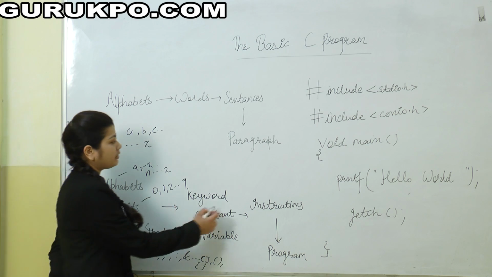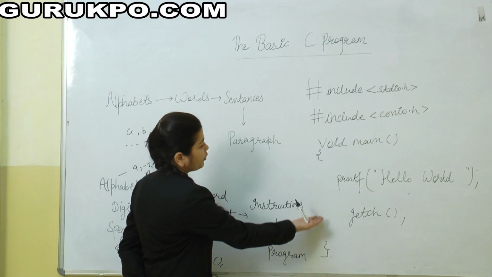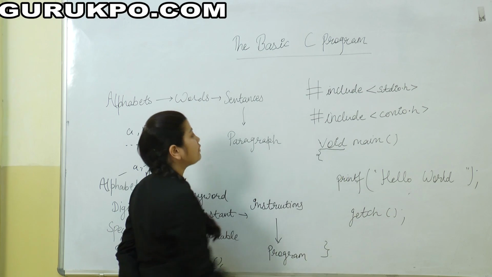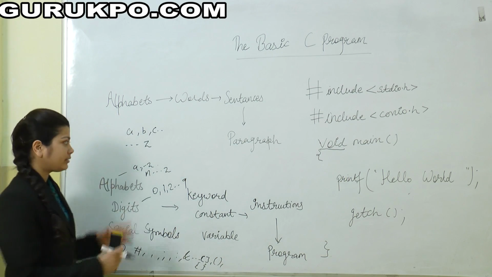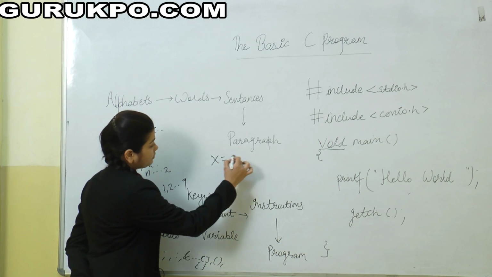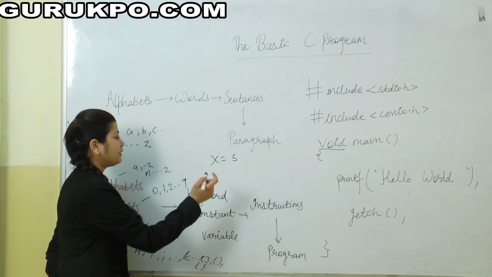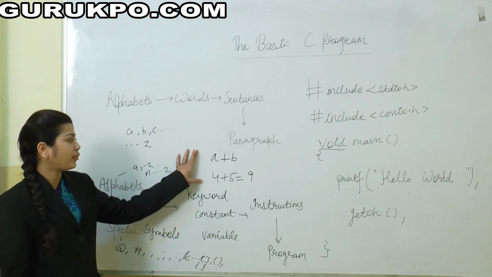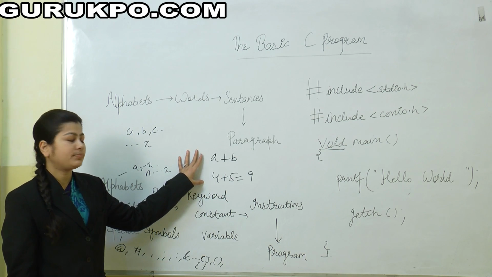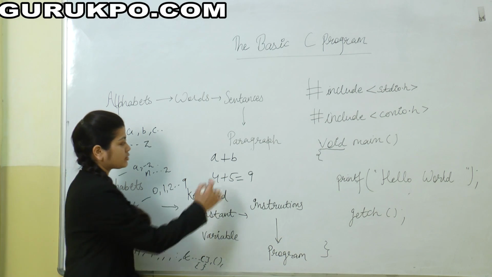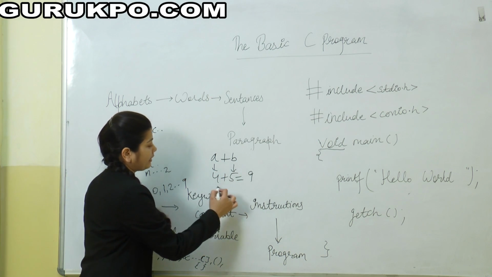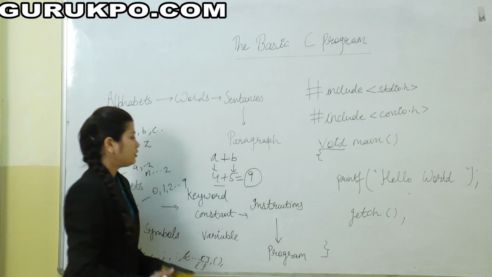For example, void is a keyword in the C program. Now constants and variables: if we develop a basic program for the sum of two numbers, then A is equal to 4 and B is equal to 5, and we get the output 9.